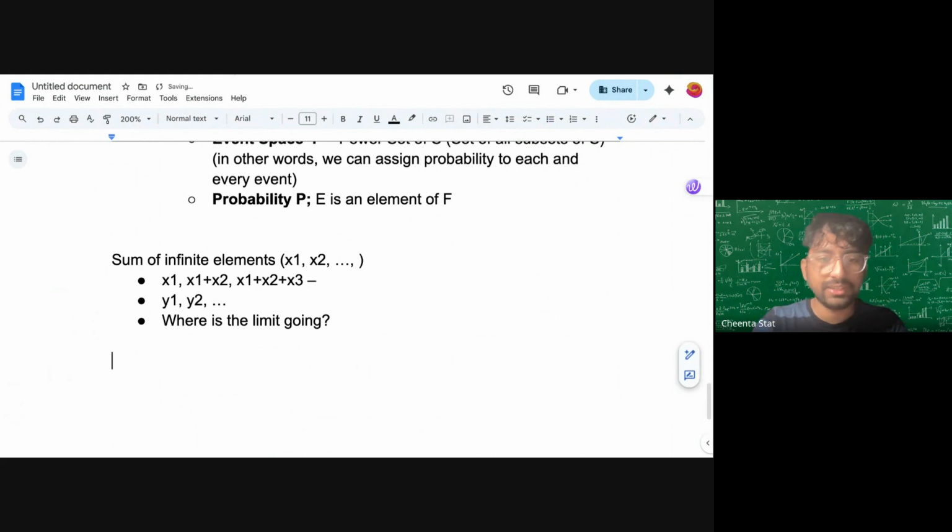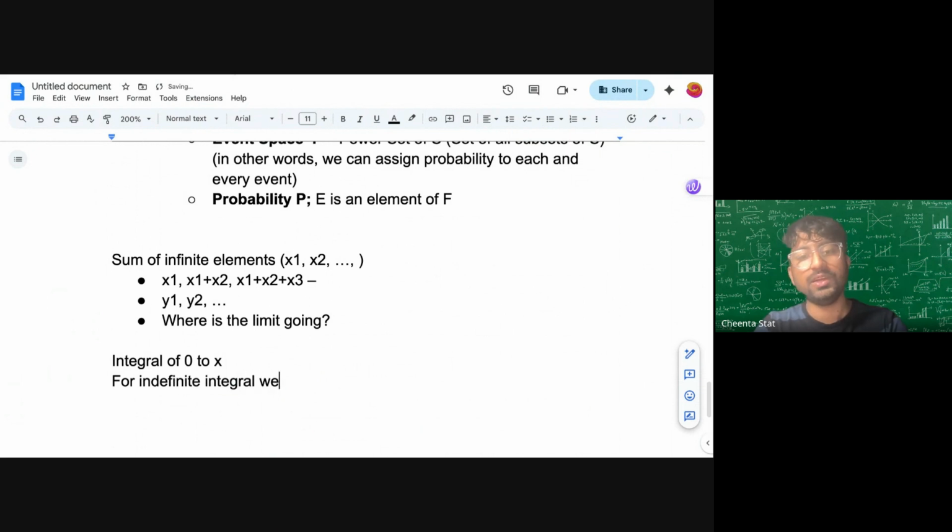So we are doing the integral from, let's say, 0 to x, and then for the indefinite integral we are tending, because the output will be a function of x, tending x to infinity.